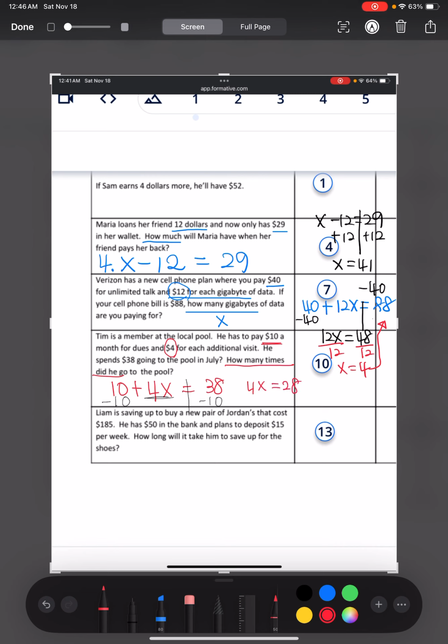Now you need to divide both sides by 4 because it's multiplied. And then 4 cancel. You'll be left with x on the left side. Right side becomes 7. So this is for number 12.